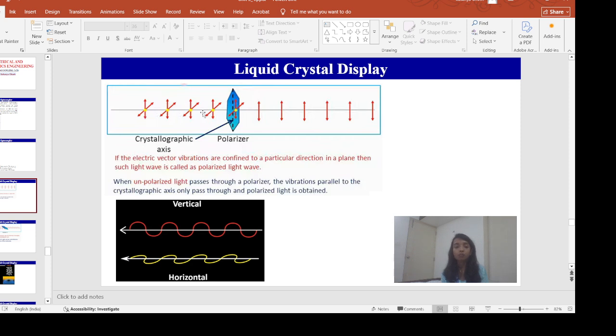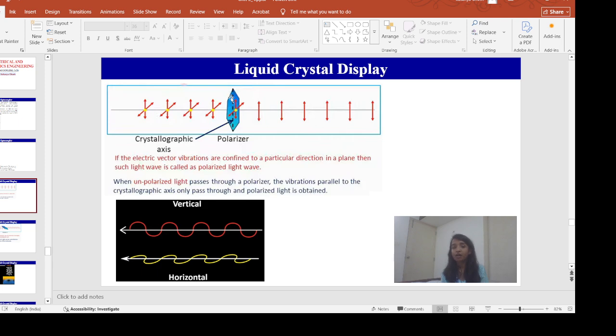So when these unpolarized light waves are allowed to pass through the polarizer, only the light waves that match the crystallographic axis of the polarizer will come out, and these are called polarized light waves, because here the vibrations are directed in a particular direction, at a particular plane.